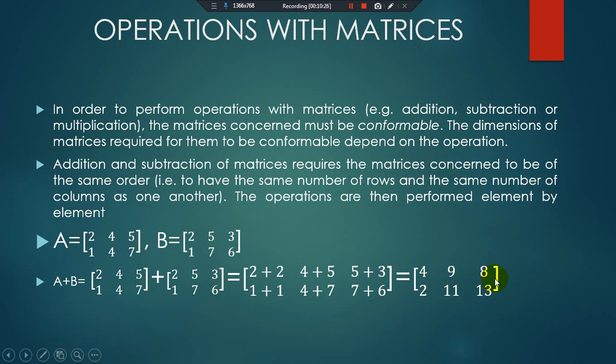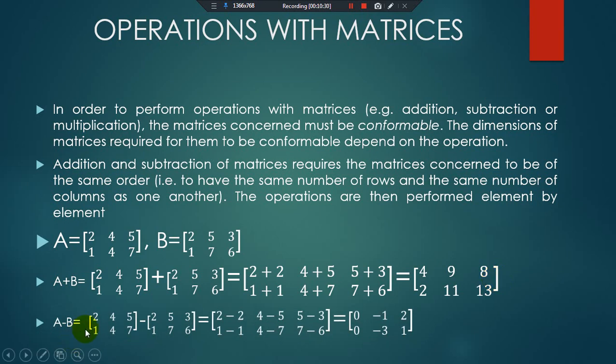So this is our addition matrix. If you are subtracting them, you subtract 2 minus 2, 4 minus 5, 5 minus 3, 1 minus 1, 4 minus 7, and 7 minus 6. So this is the addition and subtraction.